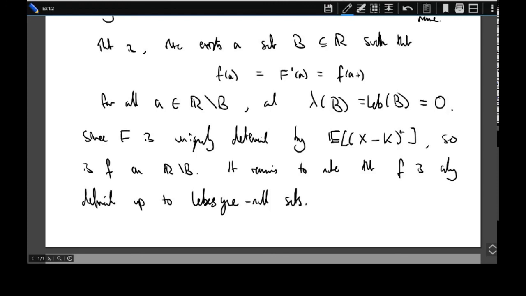The reason for that is that it's defined by a Lebesgue integral, and sets of Lebesgue measure 0 don't change the value of the Lebesgue integral. So you could change the value of f on a Lebesgue null set and it'd still be the density of capital F, because the Lebesgue integral over that function won't change. So therefore this fully defines f, as far as it's possible to define little f. That then finishes the question.